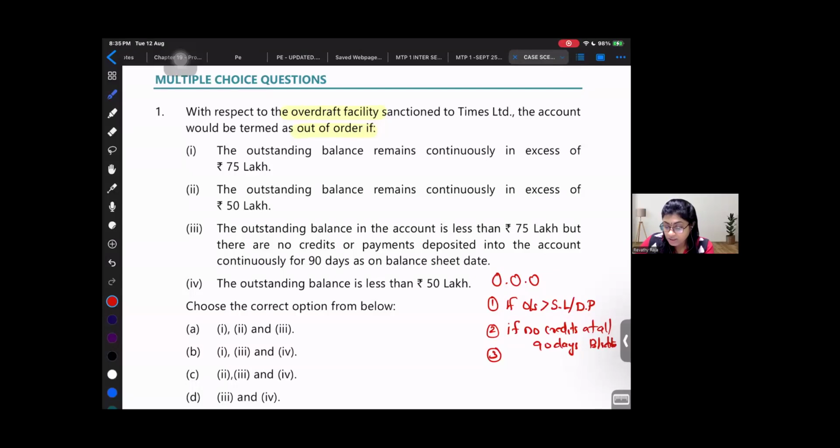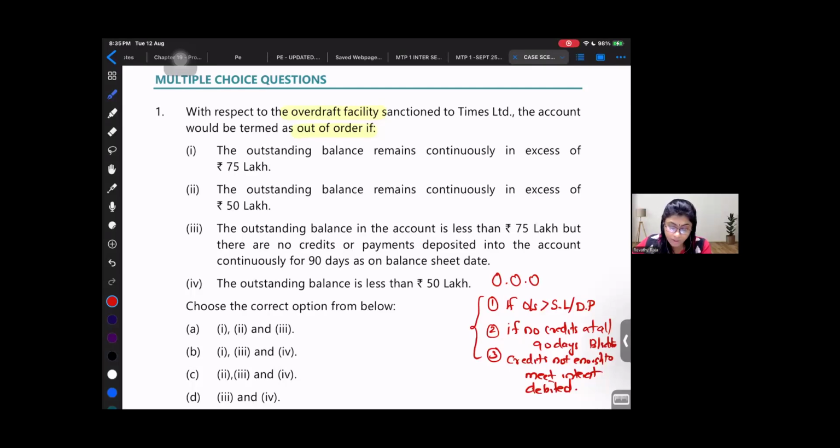And last, credit is there, but credit is not enough to meet the interest debited. In these 3 situations, it will become out of order.